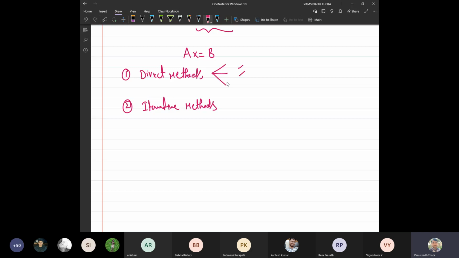Direct methods we have already done. Now we are going to see the iterative methods for evaluating the solution for a system of linear equations.